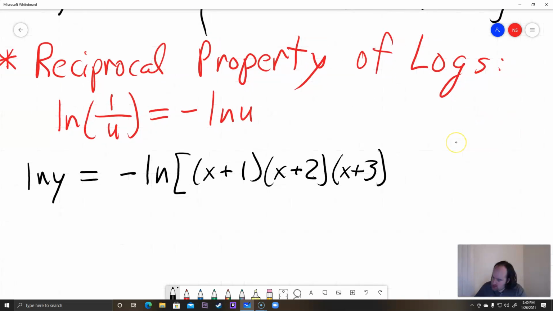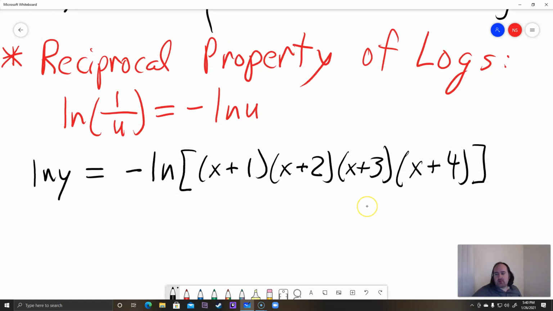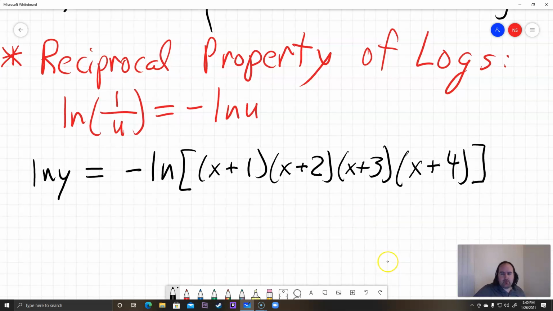So that's just the entire denominator. And these properties that we're using are properties of logs from pre-calculus. Some of you may remember them, other ones might need to refresh them a little bit. But again, we just have this one problem that we're doing just to get our feet wet on the idea of logarithmic differentiation.